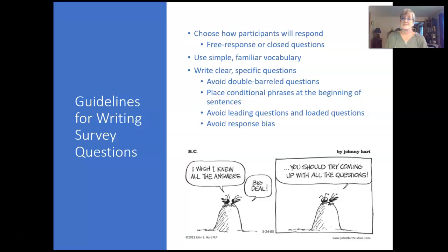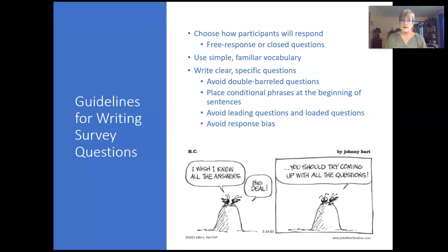You also want to be specific when you ask questions. Your authors note, avoid double-barreled questions. What that refers to is if you have a sentence that represents a question, but embedded in that sentence are actually two questions for the participant to think about, and then they have only one choice of answers.